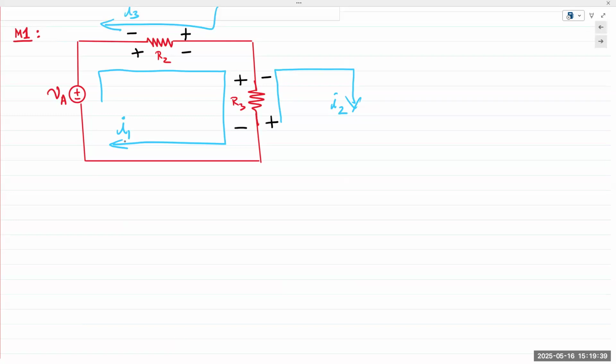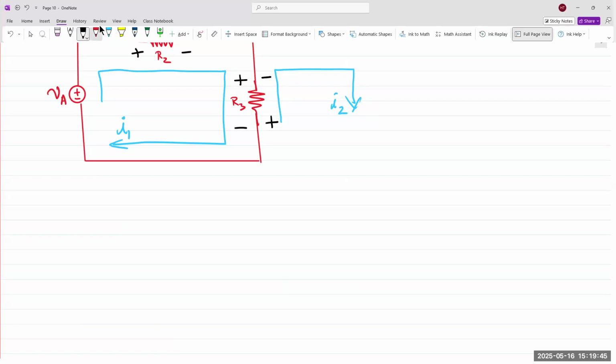So let's say if I apply KVL, how many voltages do I have there?